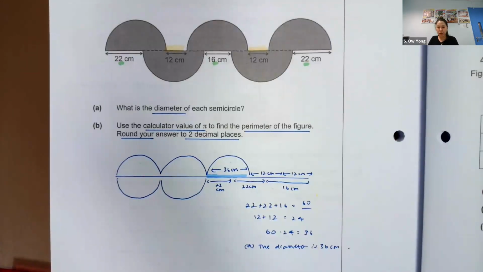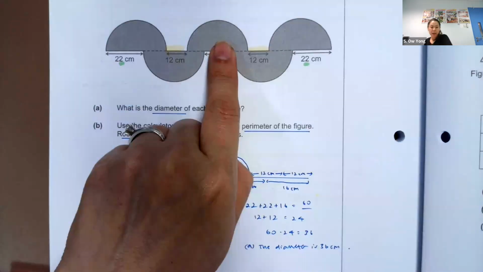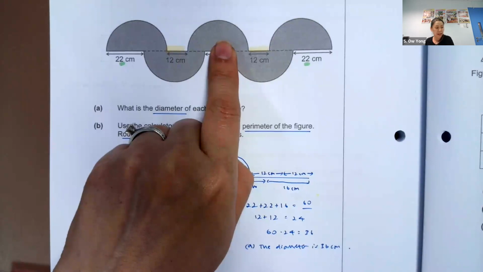So what do you do? Like this is 1, 2, 3, 4, 5. You've got 5 semicircles, so the circumference of the semicircles, then after that, you have your 60 here and your 24, which you still need to add. So circumference is pi d.